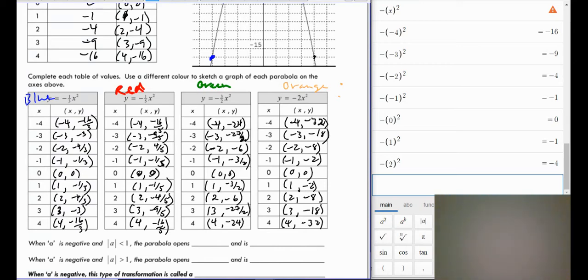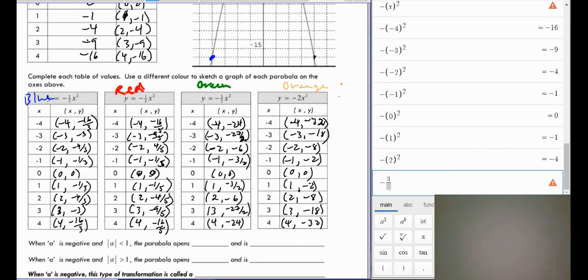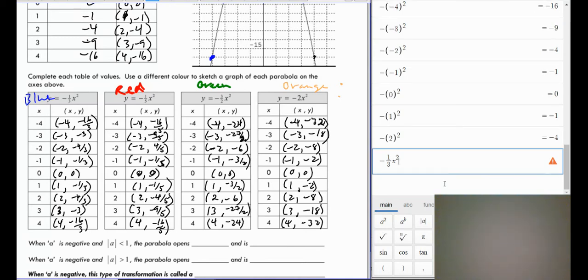Now we would use these values, and one problem you might have is, let's take the first example in the first column, 1/3 x squared. We're going to copy that.